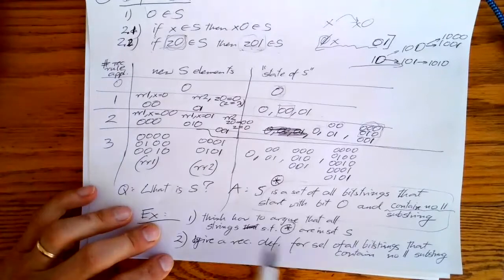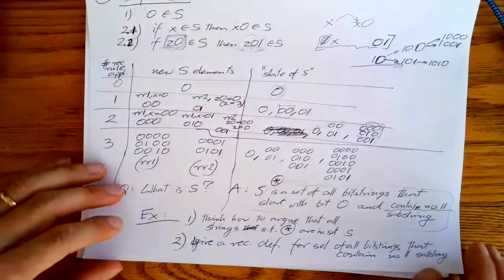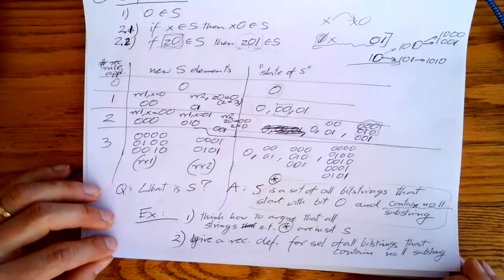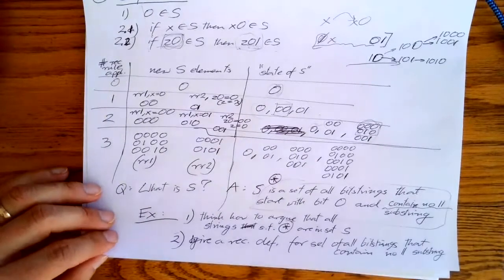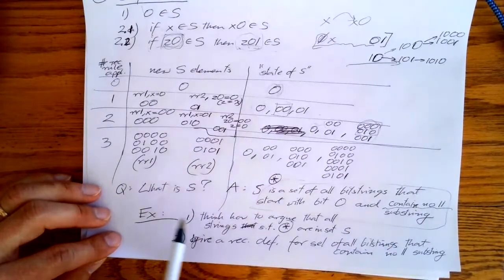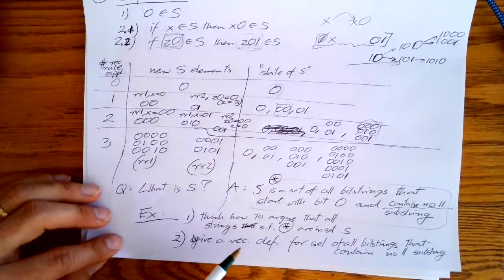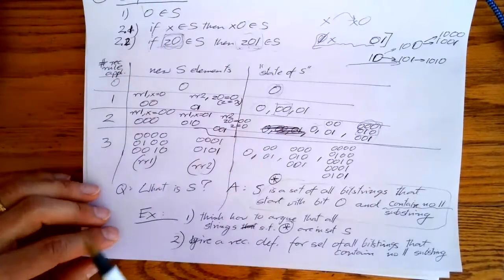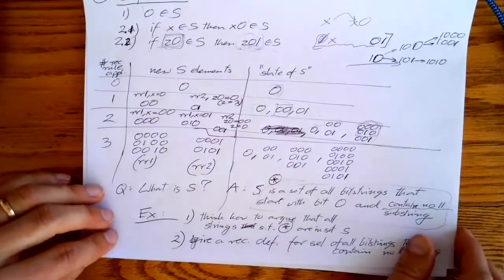Well, how would you do all of them? Maybe simple. How about containing no 0, 0? Perhaps that should be simple, right? Because clearly you just change zeros and ones, and you should have a symmetry.